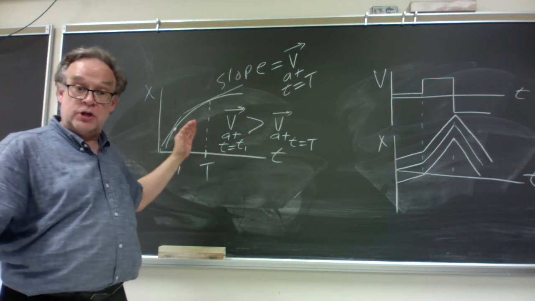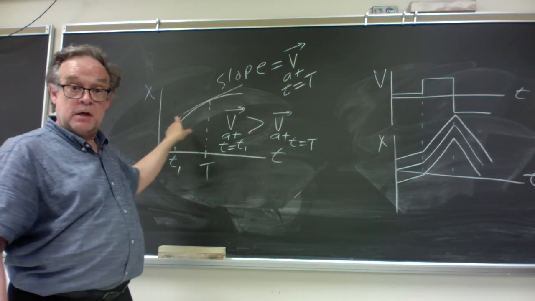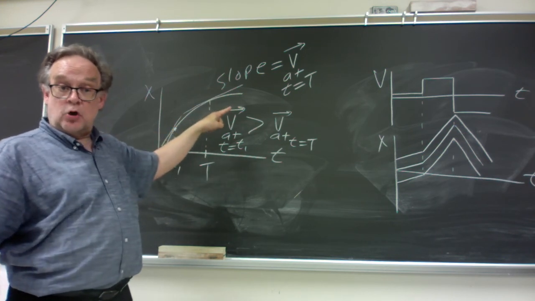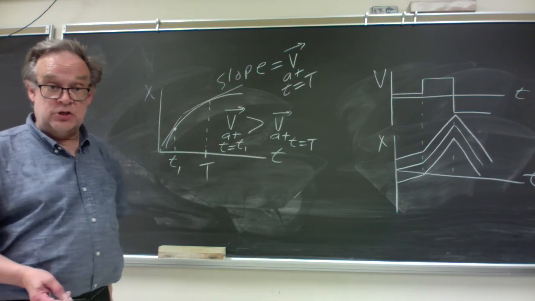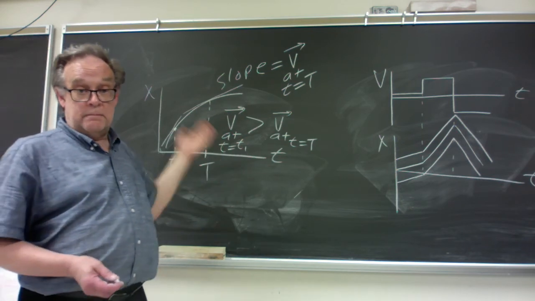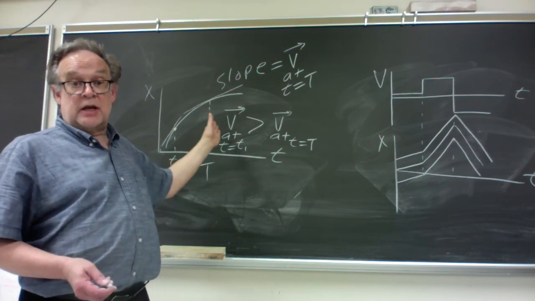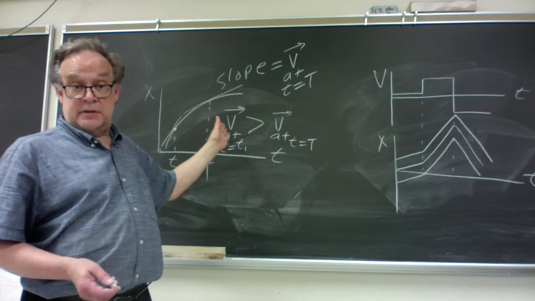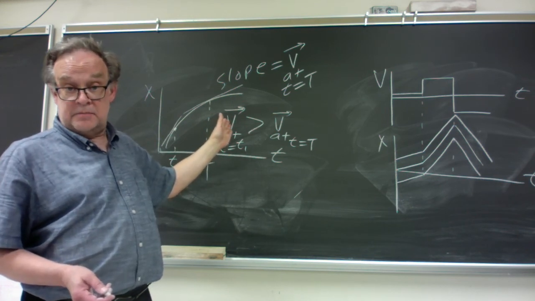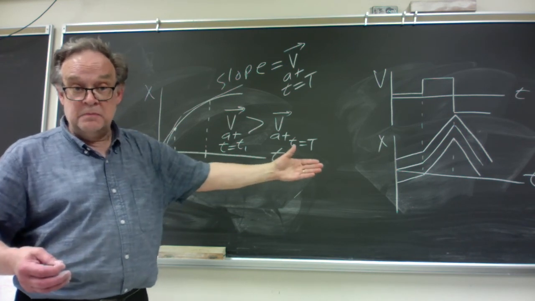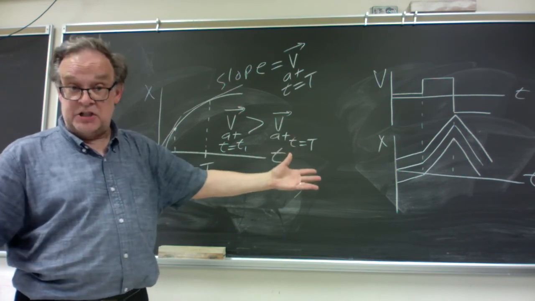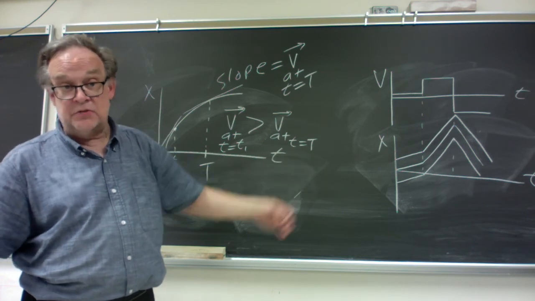It's always changing from time to time. Slope of the tangent line always changing means velocity is always changing. Or to put it another way, if the position line is curved, that indicates changing velocity. And if the position line is not curved, that indicates not changing velocity, constant velocity.